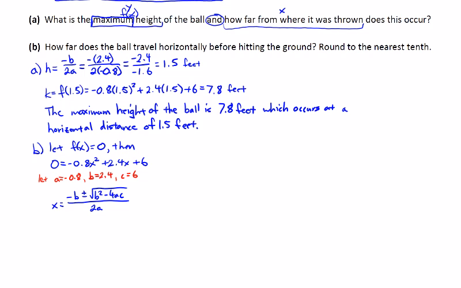So now on to the simplifying of the quadratic formula. Actually, we're not simplifying yet. We're just getting to the plugging in part first. We'll get to the simplifying in a bit. So 2.4 squared minus 4 times negative 0.8 times 6, all divided by 2 times negative 0.8.